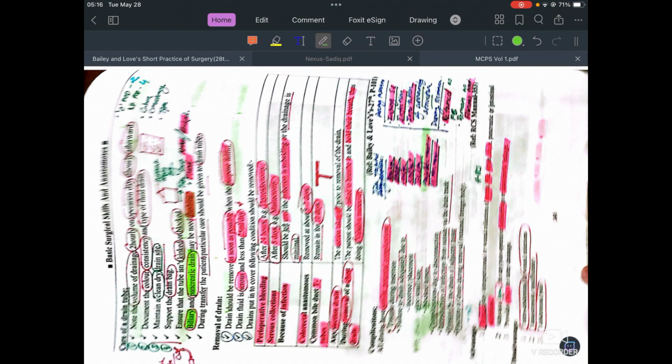Drains can be removed under the following conditions: perioperative bleeding after 24 hours, as in tonsillectomy; serous collection after 5 days, as in mastectomy because of infection; in colorectal anastomosis, removed after 5 days; common bile duct drain removed after 10 days according to the situation; and any suction drain.